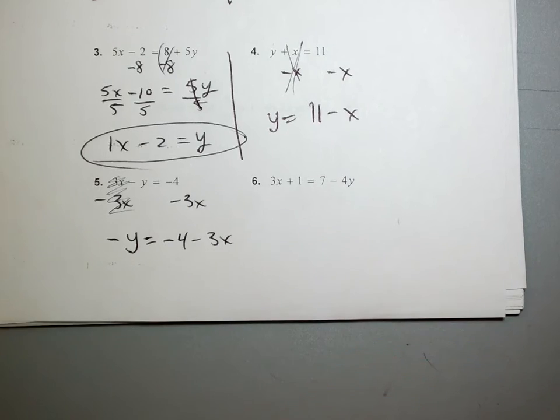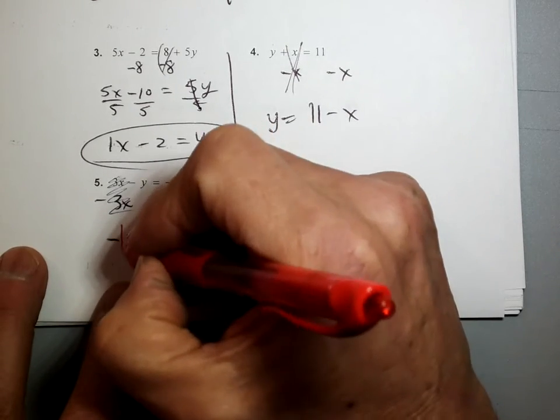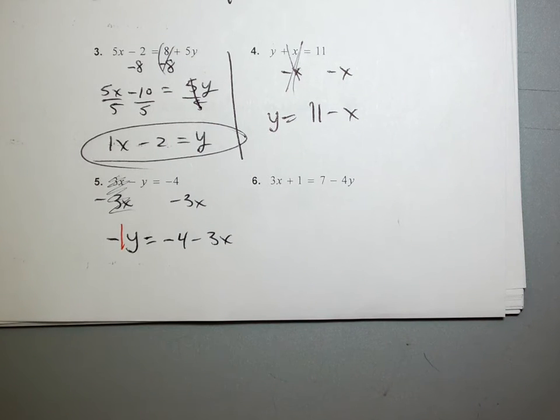Now, we saw this in our quiz. There's an invisible 1 right here, because it's a 1y. So I put my invisible 1 right there, and now I need to get rid of my invisible negative 1. Well, this is negative 1 times y. They're right together, so I'm going to divide by negative 1. This is a really important trick that you'll learn right here.